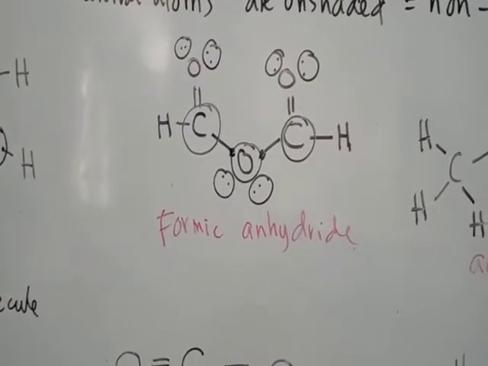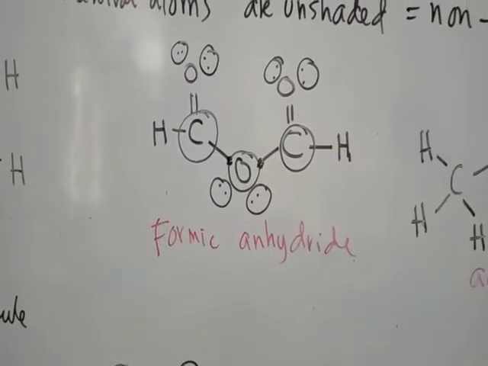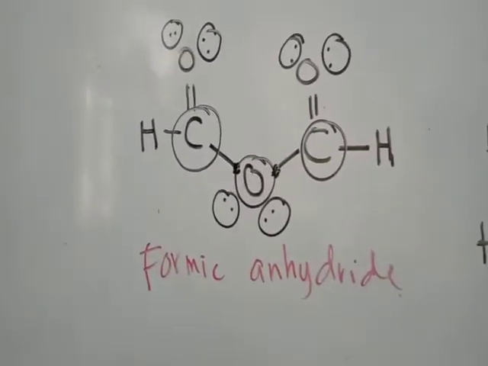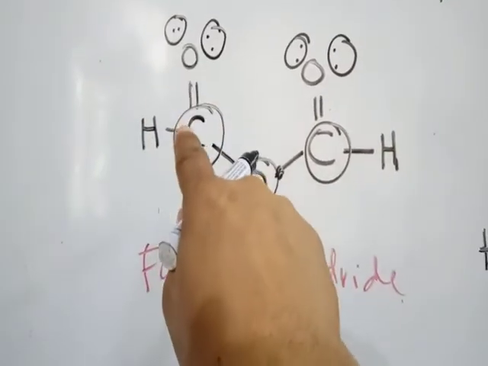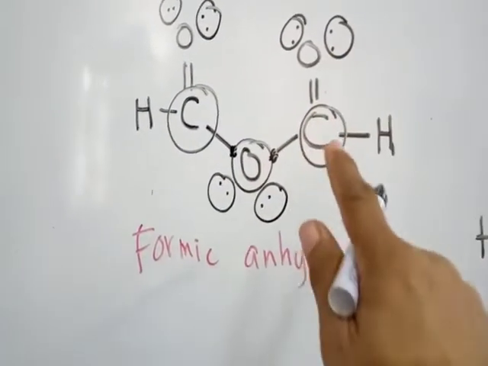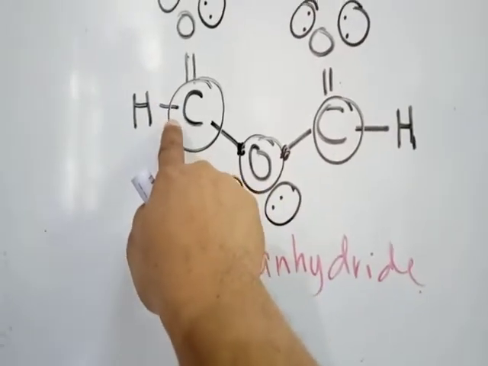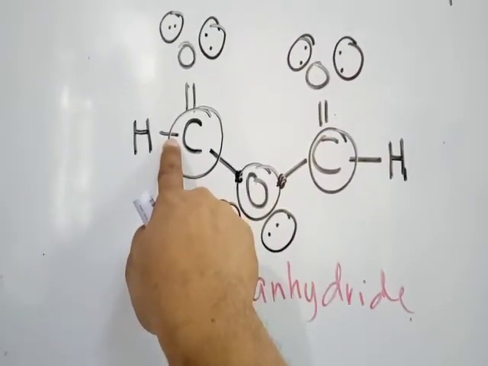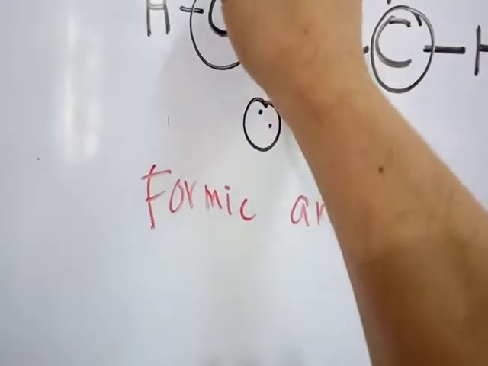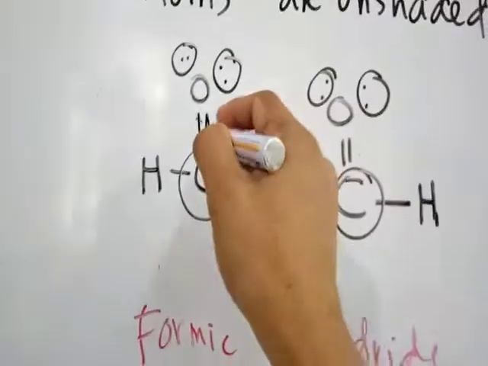Next, write dipole moment. It's number 3. Which means we will look for polar covalent bonds. Is this polar covalent bond? No, it's not. Is this polar? Yes, it is. So we'll write the dipole moment here.